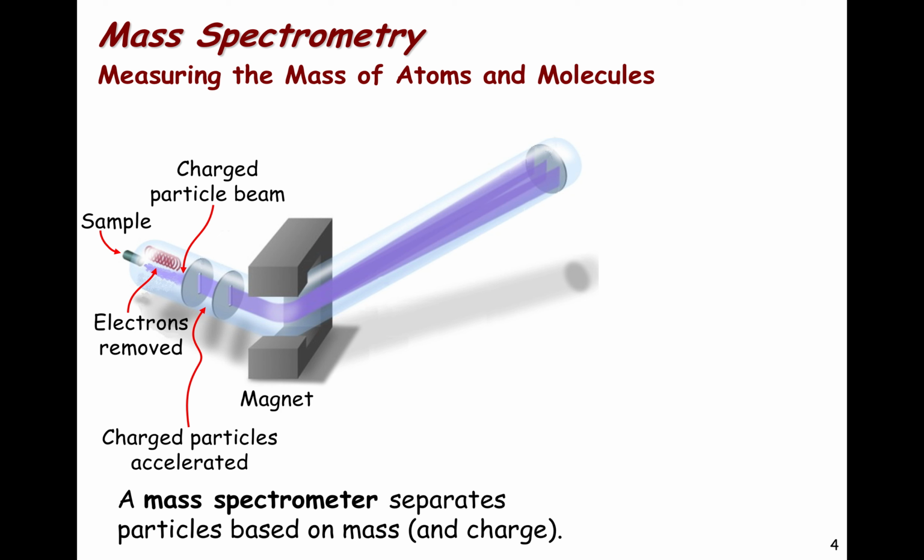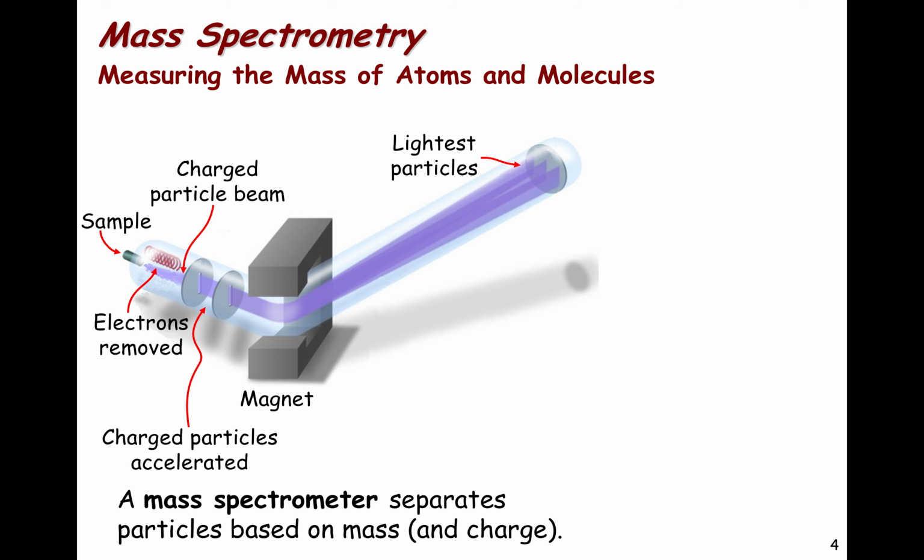We then pass these individual magnesium ions through a magnetic field, and depending upon the mass to charge ratio of these atoms, they get bent at different angles.